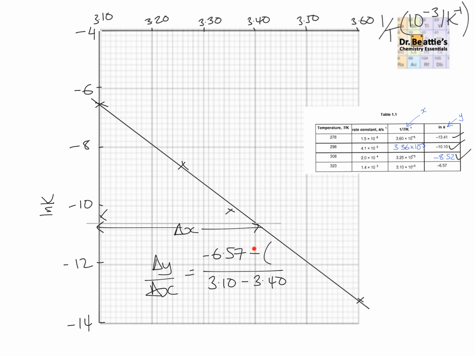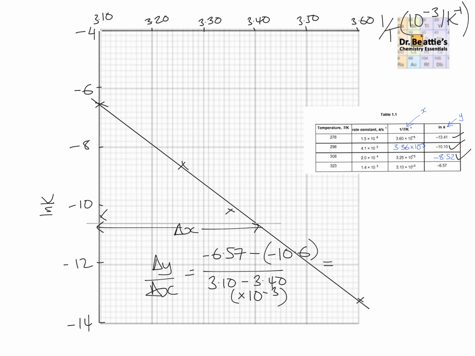Then we've got to do minus, and where the y intercepts here, going off this, is minus 10.6. And we just need to be really aware that the units are times 10 to the minus 3, as they are on the actual x-axis. So including it down there is important.